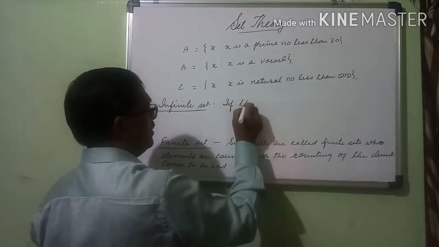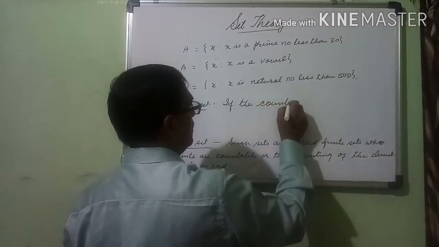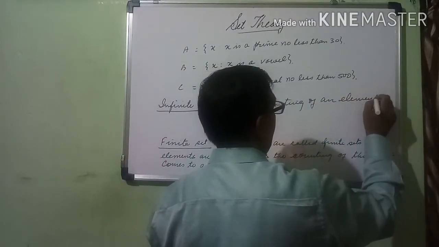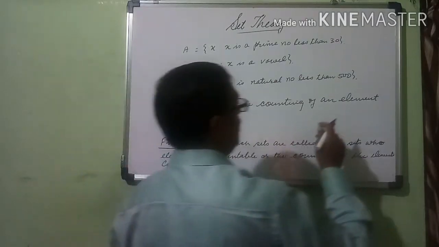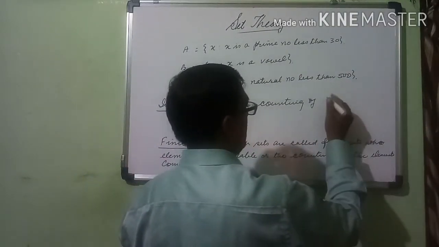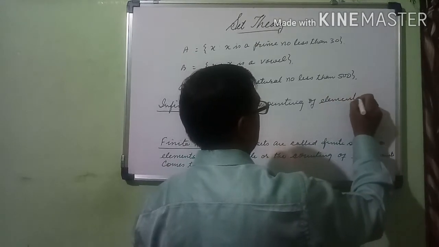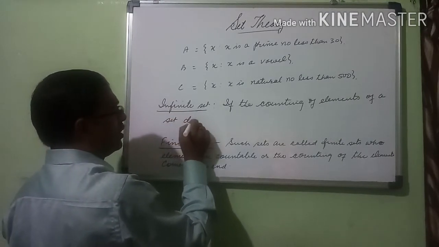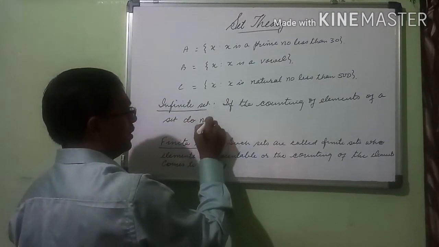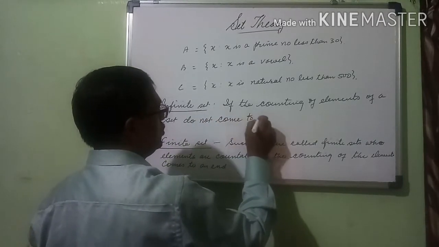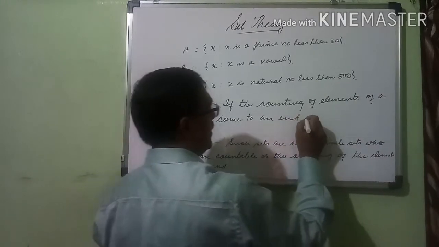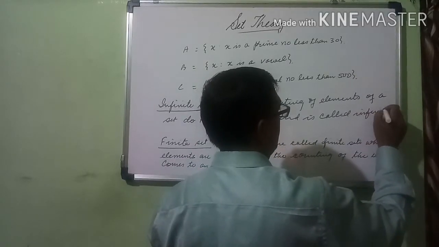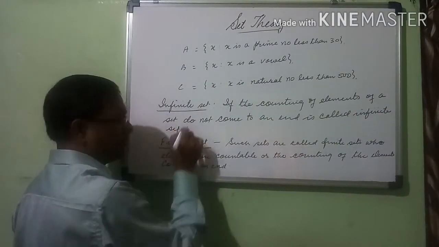If the counting of elements of a set does not come to an end, it is called an infinite set.